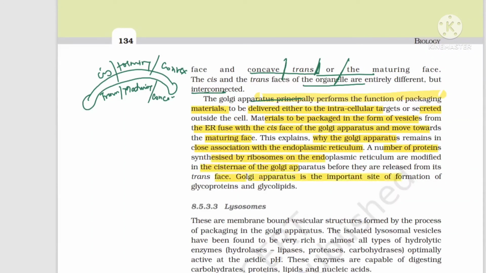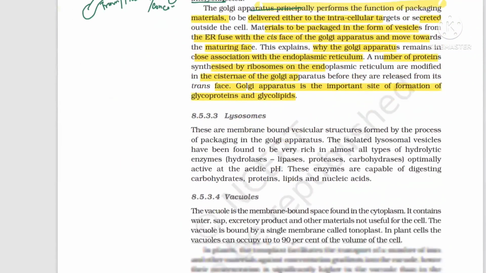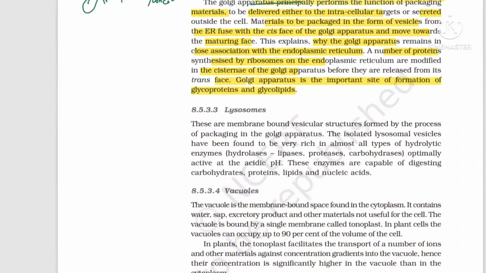So we say Golgi apparatus is very important for making glycoprotein or glycolipid. If the vesicle made remains inside the cell, it will work as a lysosome. So lysosomes are membrane-bound vesicular structures made by the process of packing. That is why these three organelles are part of the endomembrane system, because their work is interconnected.